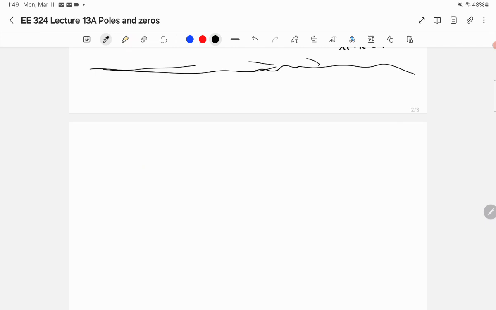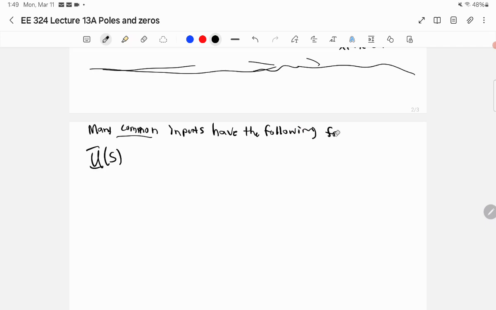we may think about particular inputs, and many of the most common inputs have the following form.